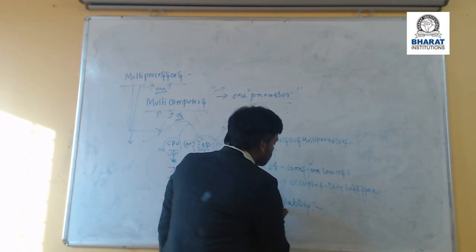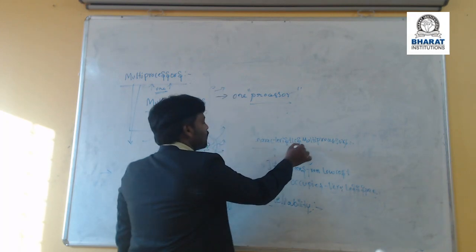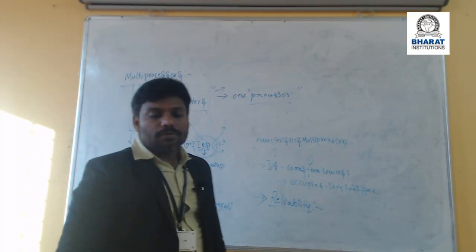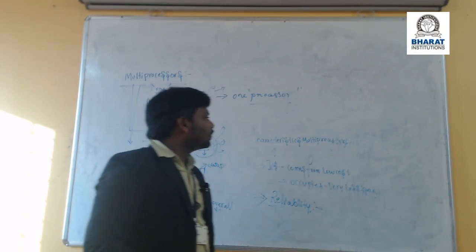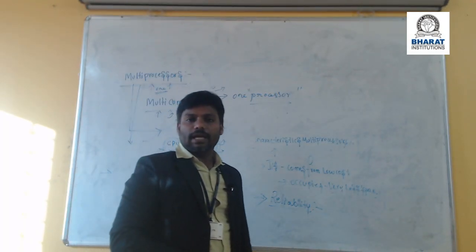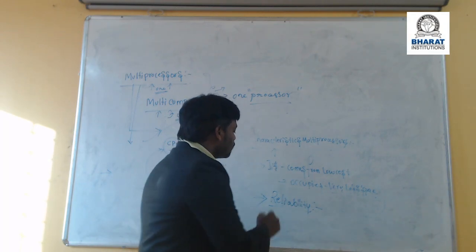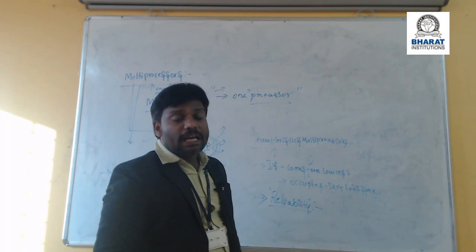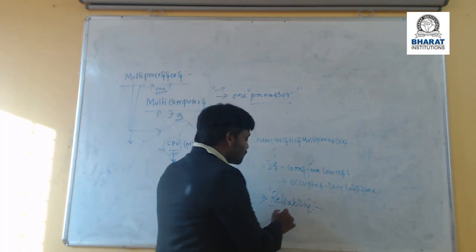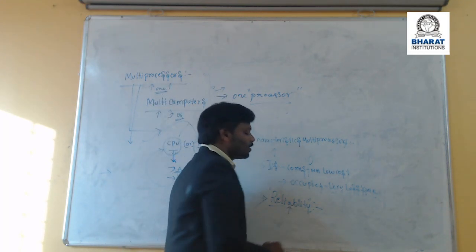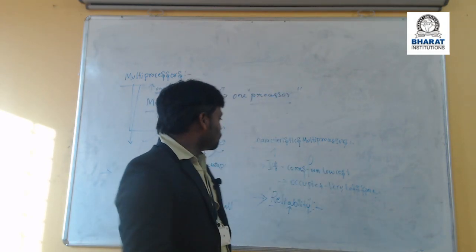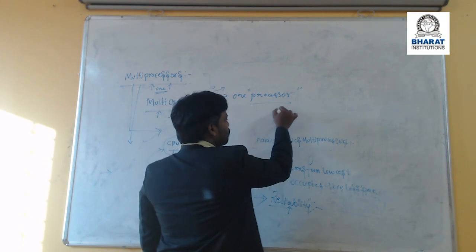Our system is a multiprocessor system. What is a multiprocessor system? It is a system with more processing capability. For example, our system has multiple processors.